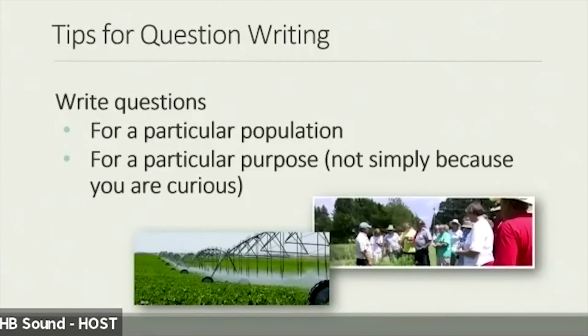If they don't, then they skip down to the next section, and they don't ever have to see that. It's so much easier with the computer now. With the paper surveys, I'd get guys who don't irrigate answering all the irrigation questions. So we have fewer errors that way now, but really you need to make it clear who the people are so that they can answer the question.